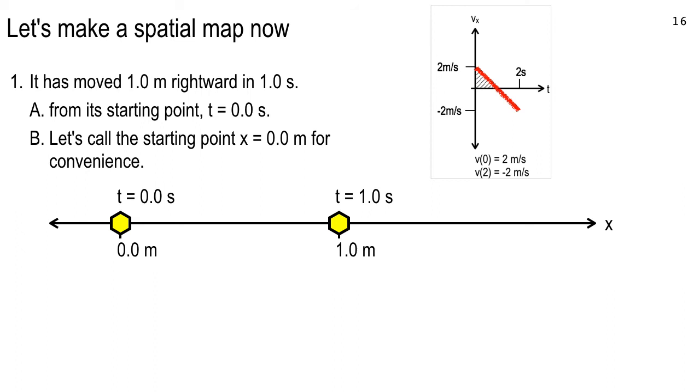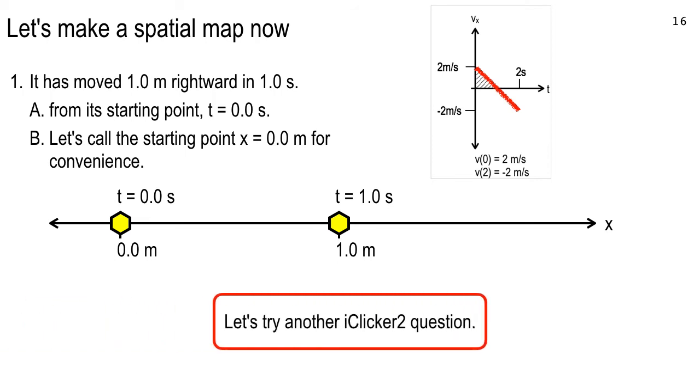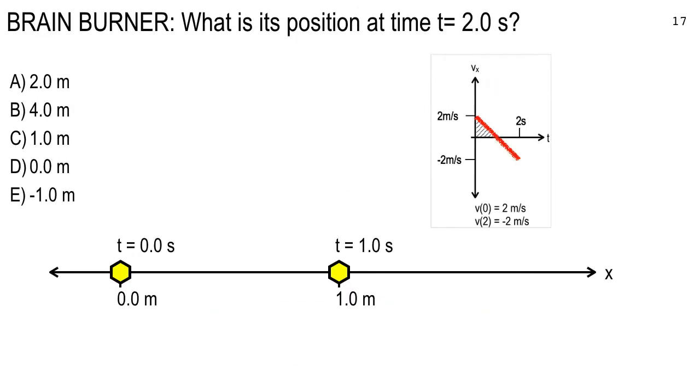Now, Katia, here we come. Let's try another clicker question. Let's bring this all the way home. I'll keep the same picture. Here's the question. What is the position at time t equals 2.0 seconds?